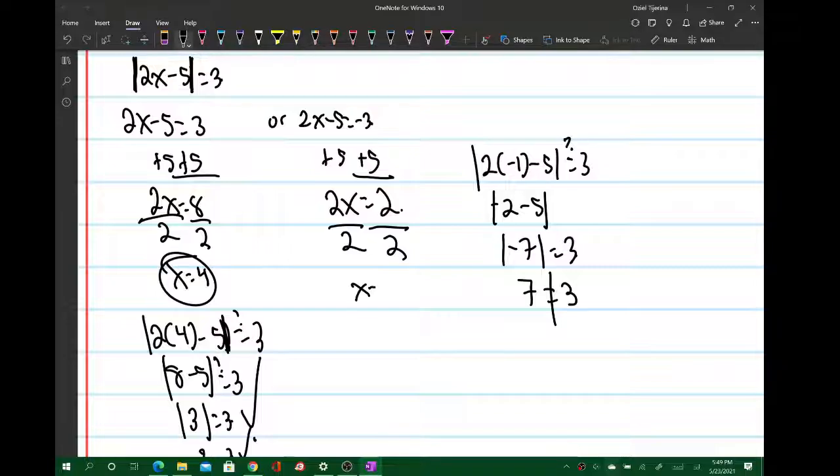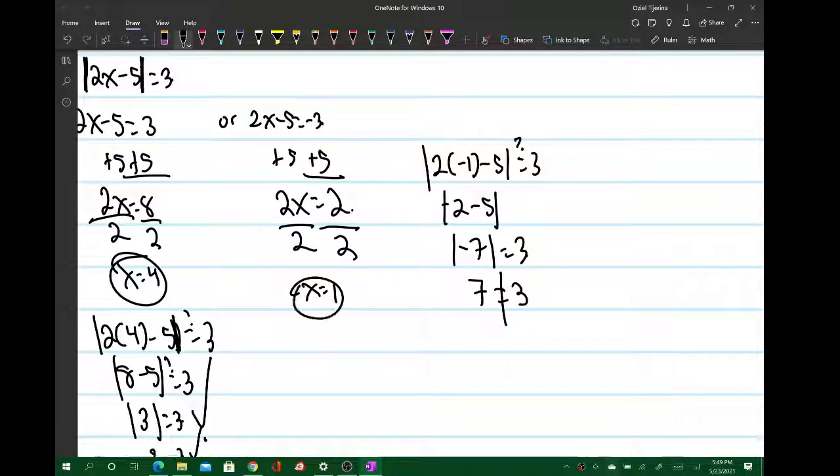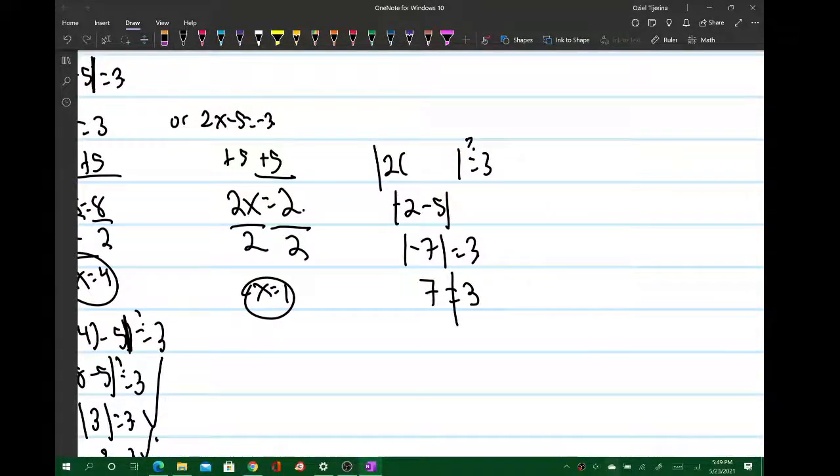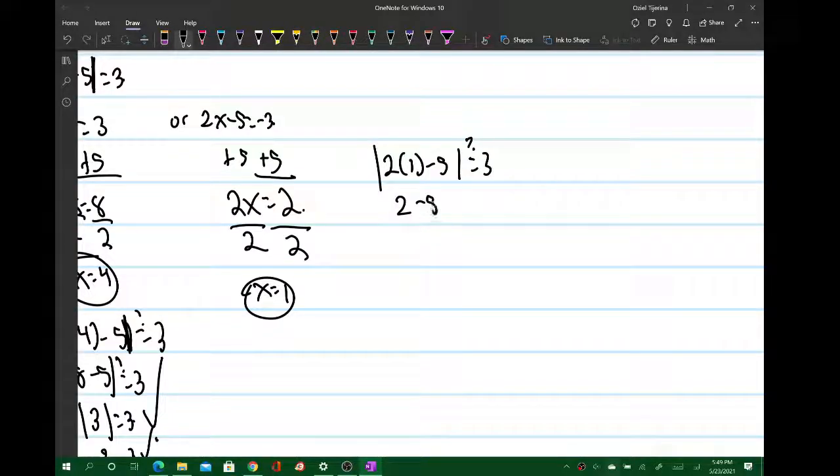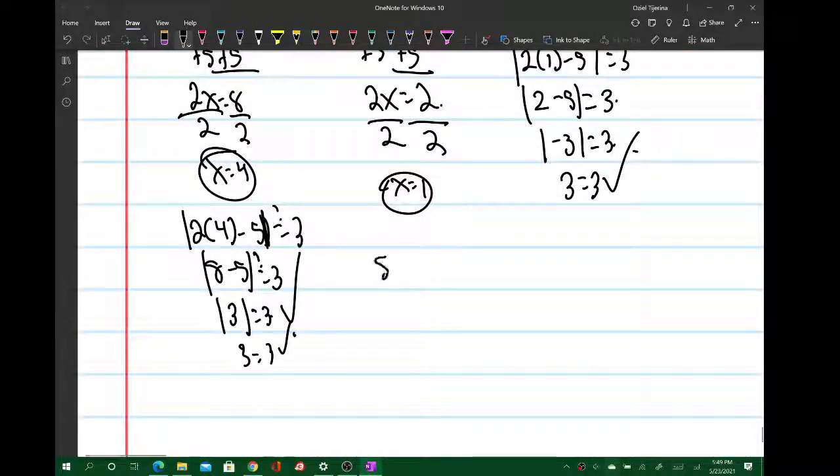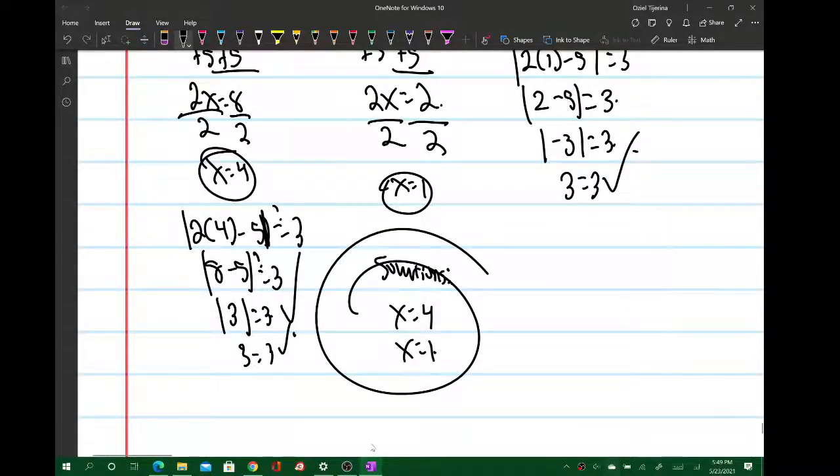It was x equals 1. So it'd be 2 times 1 minus 5, and then you do 2 minus 5, absolute value, and then you get the absolute value of negative 3 equals 3, so 3 equals 3. So yes, it's a solution. So your solutions would be x equals 4 and x equals 1, right?